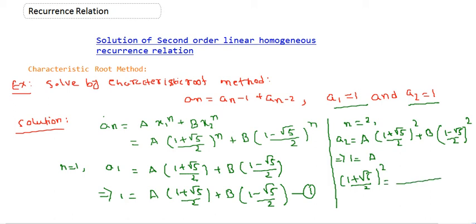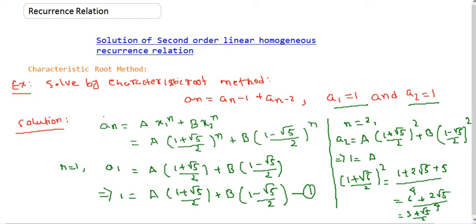Here we have 4, and here we get 1 plus 2 root 5 plus 5. So (6 plus 2 root 5) by 4, which actually gives (3 plus root 5) by 2. Another one will be (3 minus root 5) by 2.